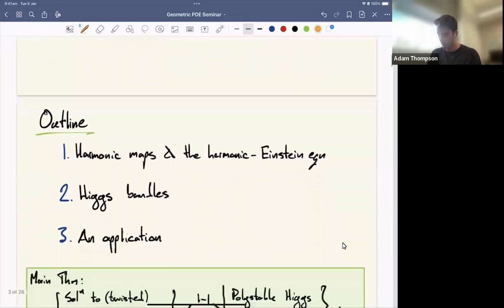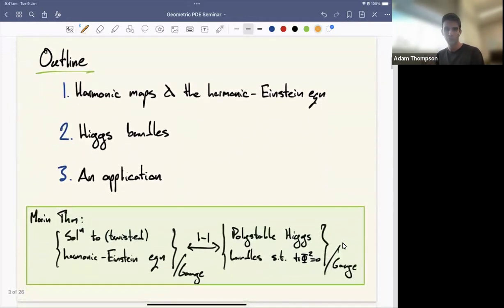And so just to preempt where I'm going with the talk, the main theorem that I'm looking to work towards today establishes a correspondence between solutions to these so-called twisted Harmonic-Einstein equations, and I'll go through and explain what these mean, and gauge equivalence classes of these Higgs bundles.